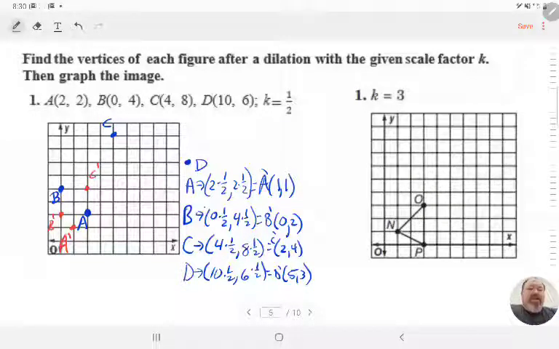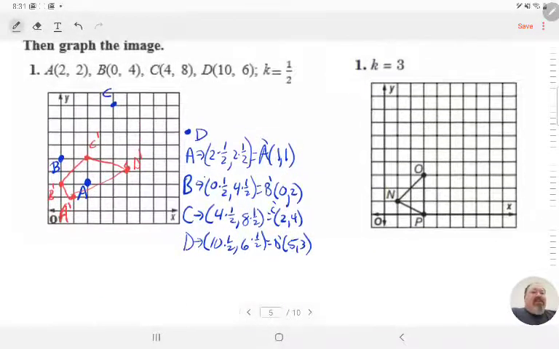And then D is 5, 3. Just like that. My lines are a little crooked, but that's how you would do it. And so this is 1/2 the size. It looks a lot smaller, but it's actually just with a scale factor of 1/2.